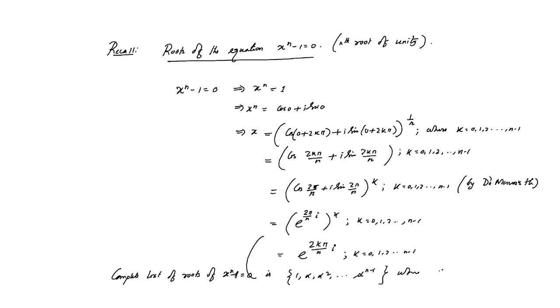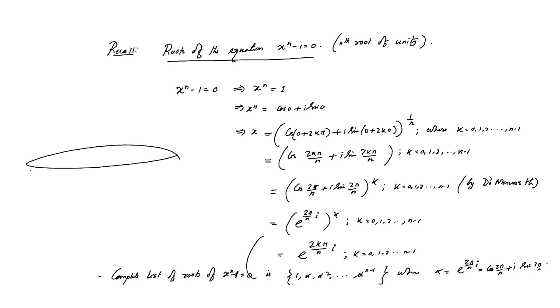What is alpha? Alpha equals e to the power 2πi/n. So this is our alpha. That means it is basically cos(2π/n) plus i sin(2π/n). So this is the complete list of roots of the equation.